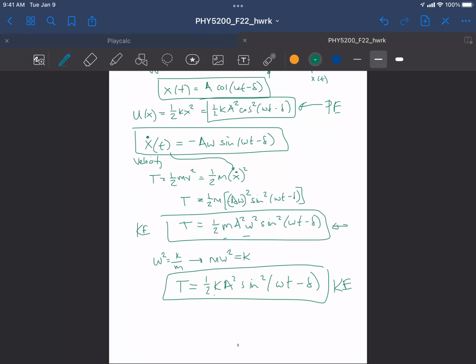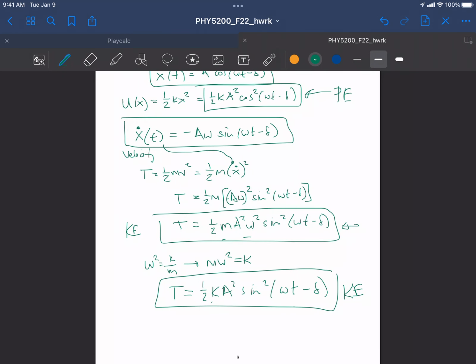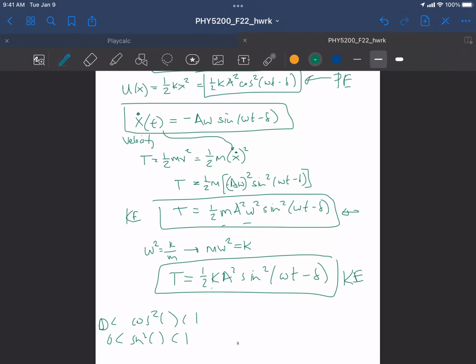All right, and up here at the top was the form of the potential energy. So you can see, just looking at this equation, you know that no matter what's going on, cosine squared of something is between plus and minus 1. Well, it's actually between 0 and 1. And likewise, sine squared of anything is also between 0 and 1.